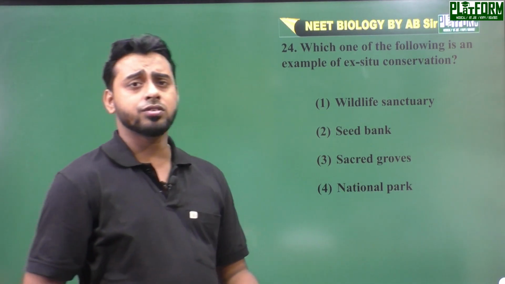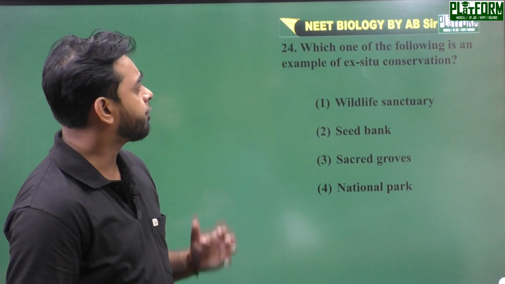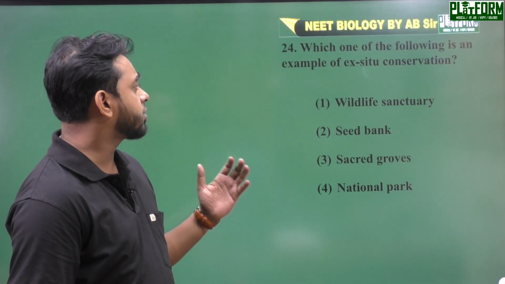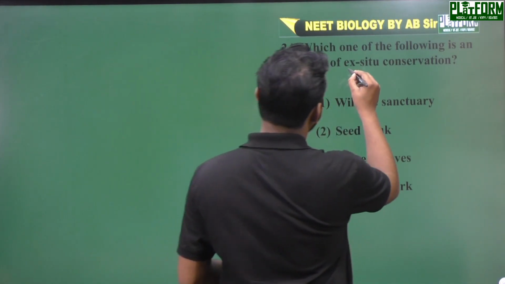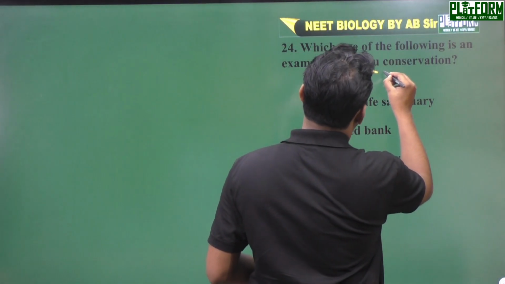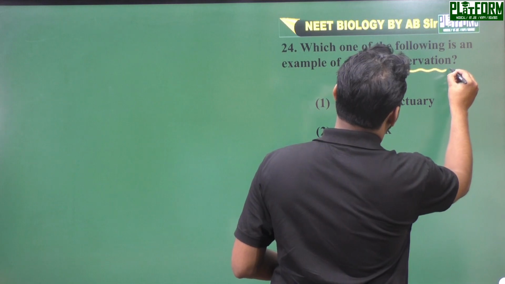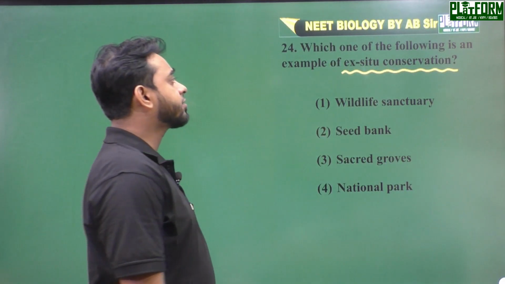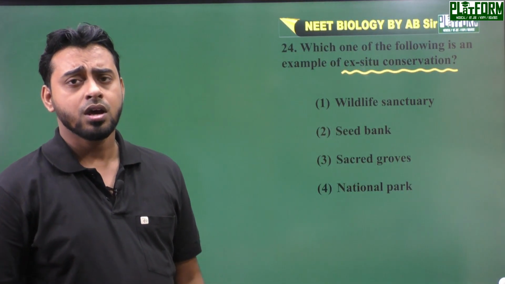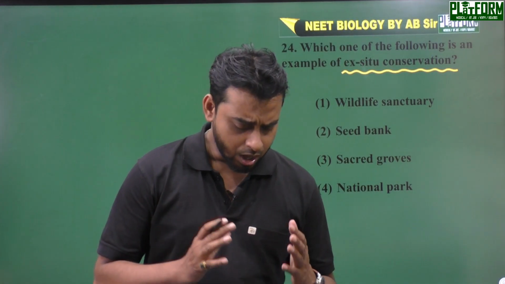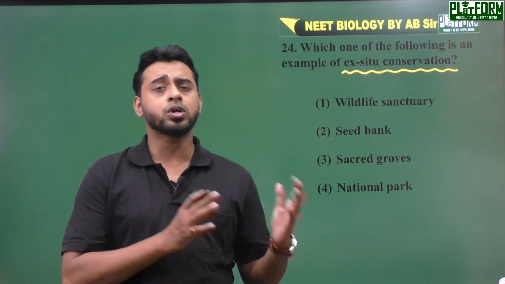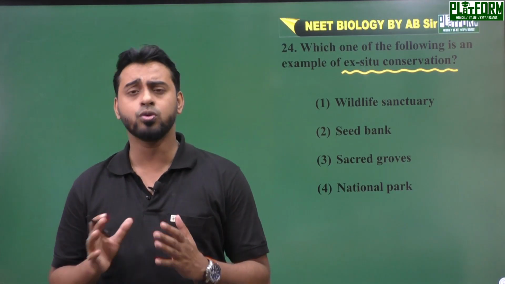Now here it is written, which one of the following is an example of ex situ conservation? Okay, which one of the following is an example of ex situ conservation? Now what is the meaning of ex situ conservation? Now we know that there are two types of conservational approach.